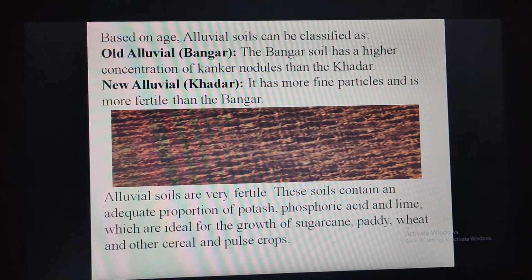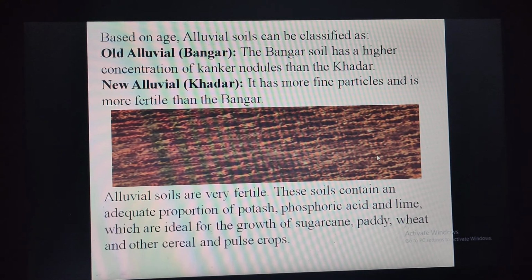Based on age, alluvial soils can be classified as old alluvial, that is Bangar. The Bangar soil has a higher concentration of kankar nodules than the Khadar. And the other one is new alluvial, that is Khadar. It has more fine particles and is more fertile than the Bangar. Here in this picture, you can see alluvial soil.